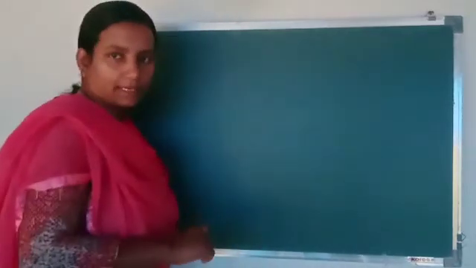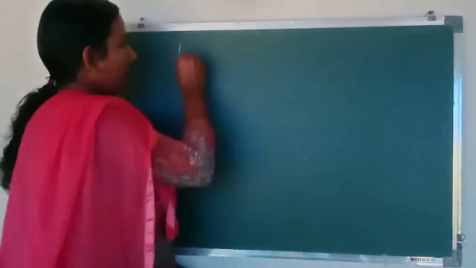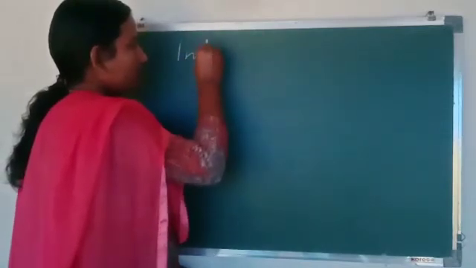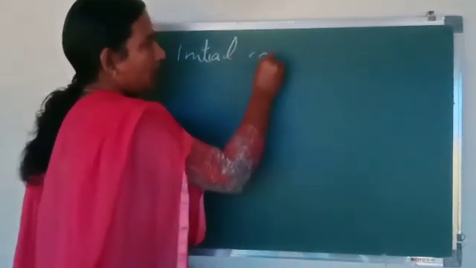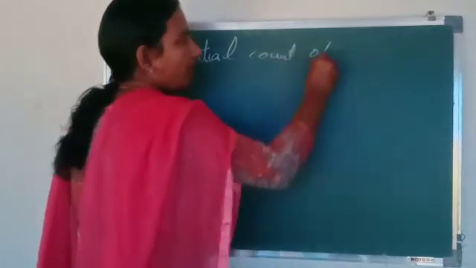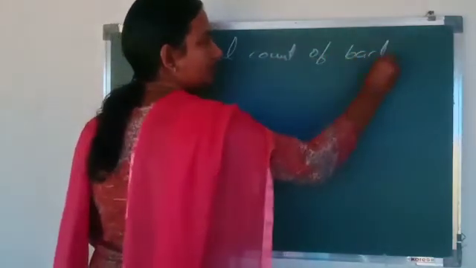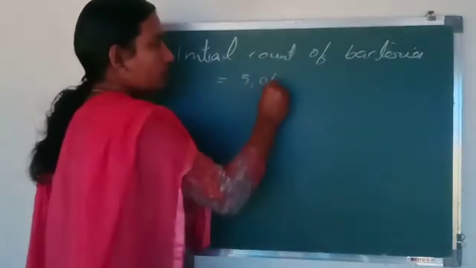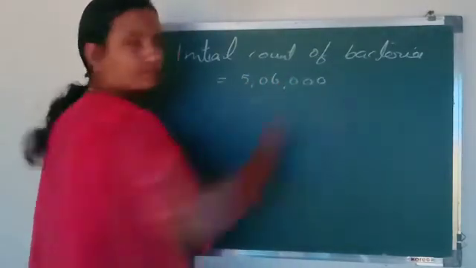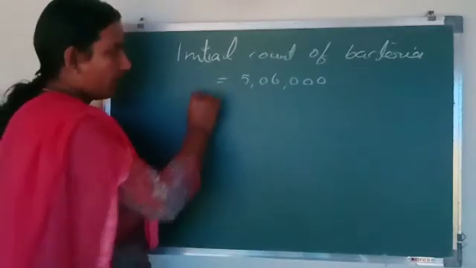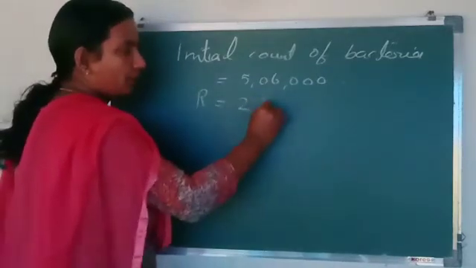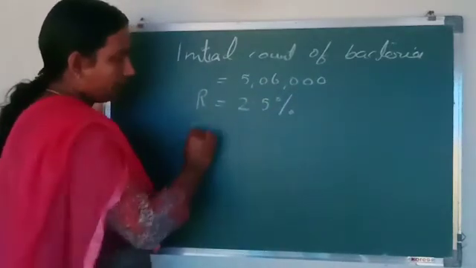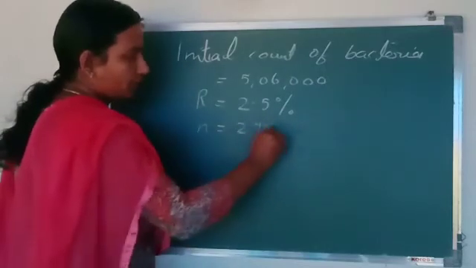The initial count of bacteria is 5,06,000. R is equal to 2.5%. N is equal to 2 hours.